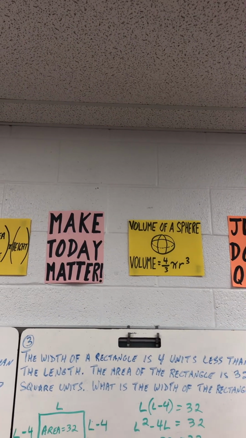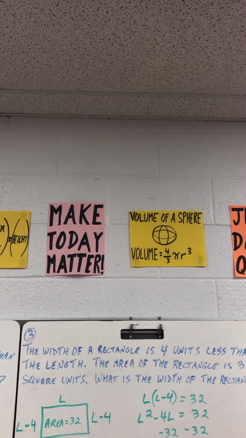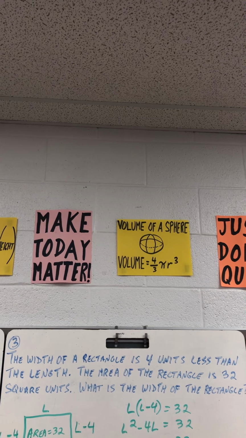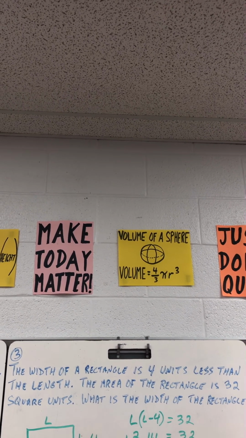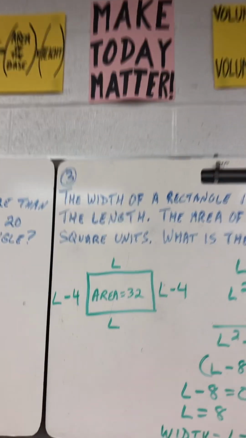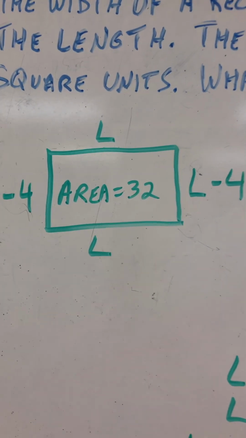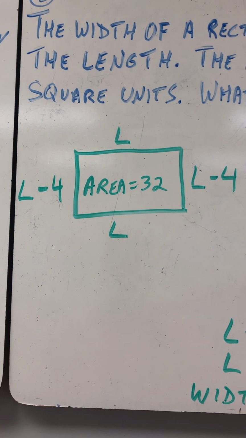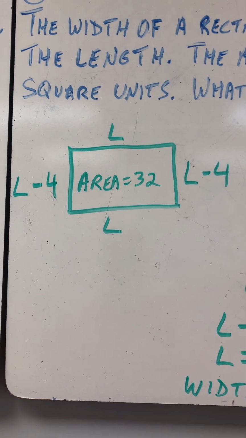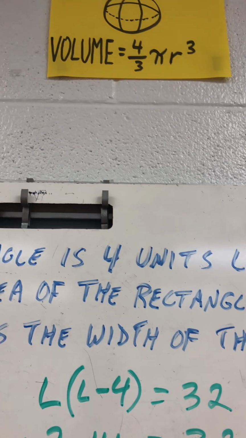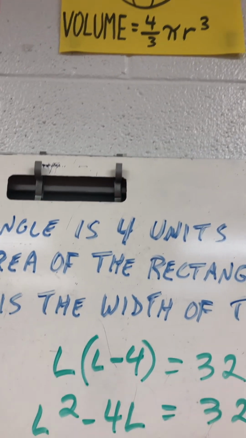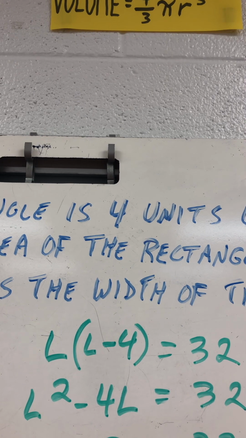The width of a rectangle is 4 units less than the length. The area is 32. What is the width? Okay. So I'm going to say L is the length and L minus 4 is the width. Area is 32. Okay. L times L minus 4 equals 32. L squared minus 4L equals 32.